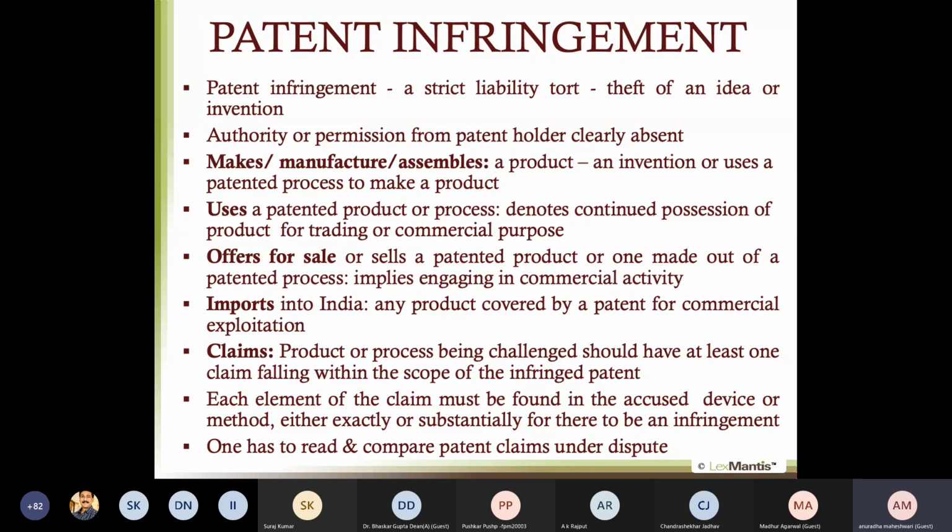The claims of the product or process being challenged should have at least one claim falling within the scope of the infringed patent. All right.